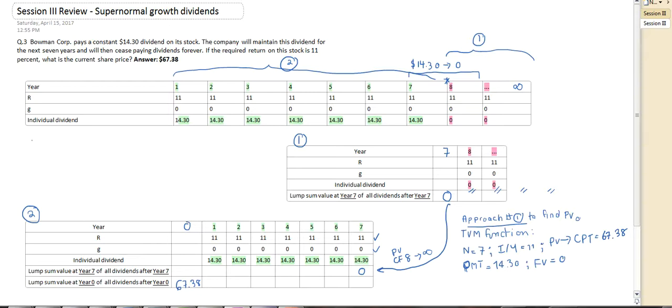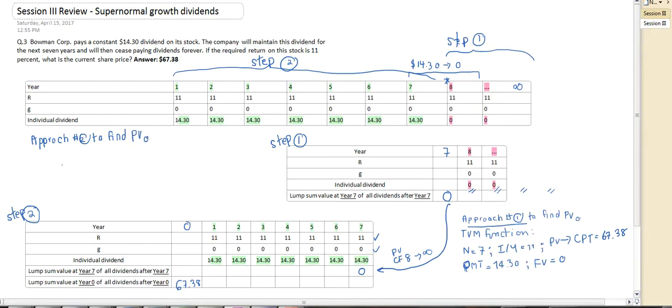The second way, approach number 2, to find PV0. You might get confused, so I put that this is a step, and this is an approach to find PV0.